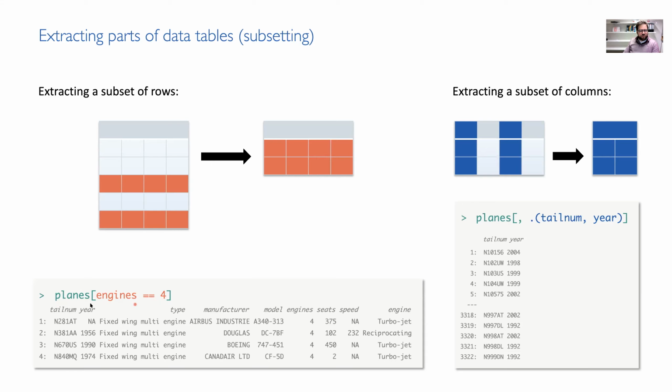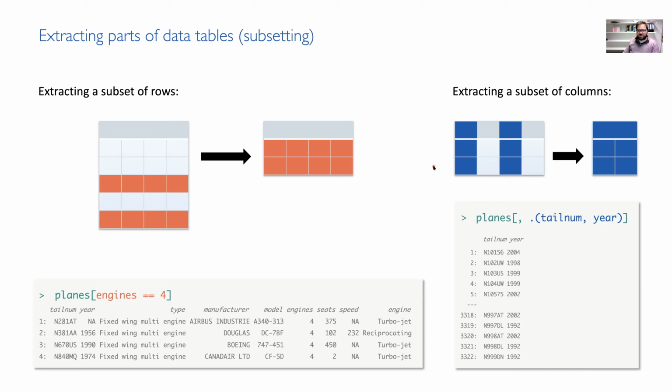And if we do that, then we get back a data table that only has the planes that have 4 engines. Now we filtered the rows of this data table for the rows where the value of the engine column equals 4.